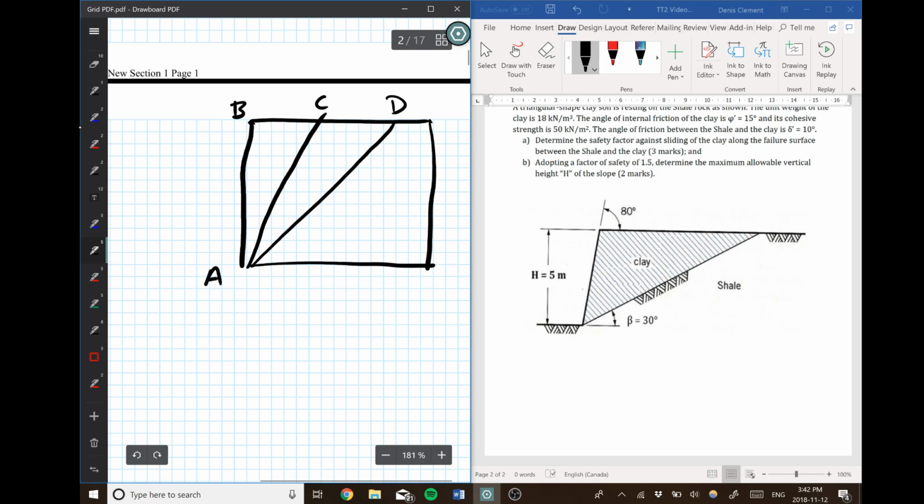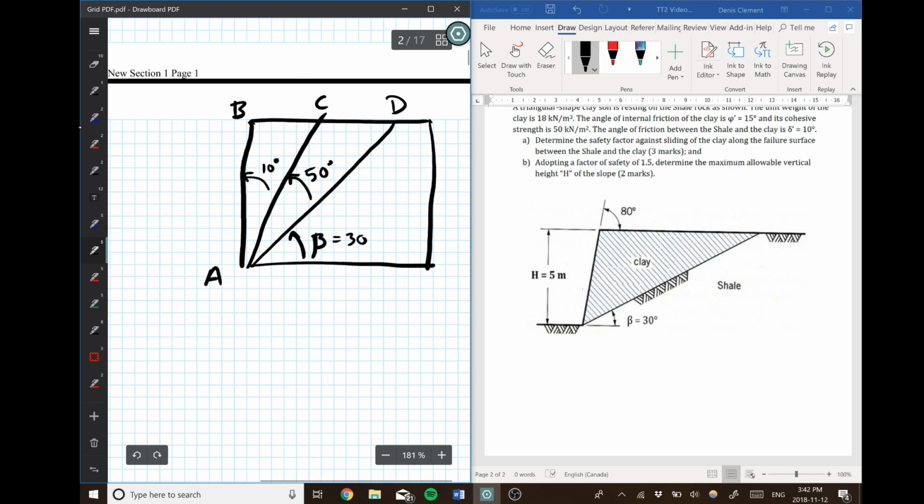So this is our beta, which is 30. If this whole angle here, given in our diagram, is 80 degrees, and this is 30, that means that this here is 50. We know this is a right angle, so this must be 10.